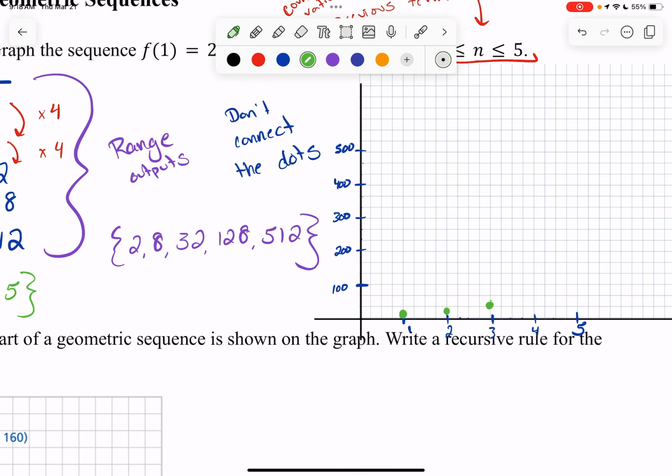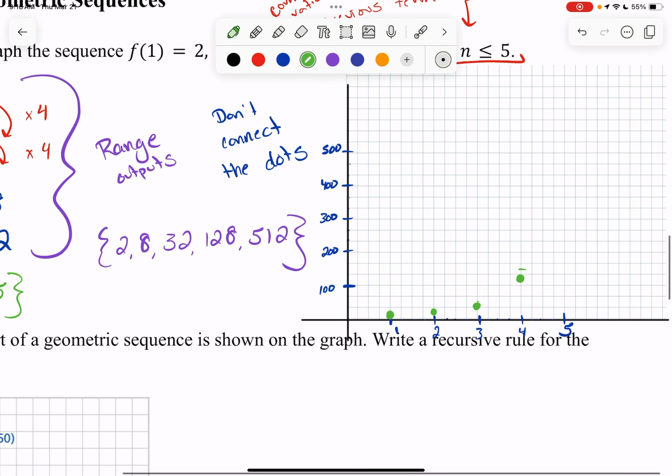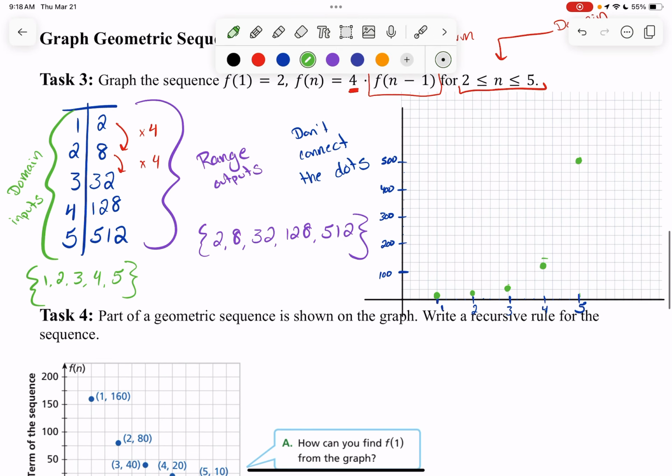Here's 100 right there. 128, maybe right here, because 150 would be right there in the middle. And then 5 is 512. Look how quickly this grows. 5 is 512, right about there maybe. And it's going to grow a lot bigger, a lot faster.